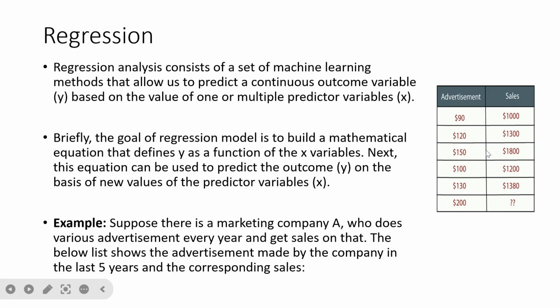Few values, see, it doesn't mean all values should satisfy that equation. There might be deviations here and there, that's fine. So suppose based on this data it generated the equation y = 10x + 100. Then if you feed an x value of 200, it will predict your sales as 2100. Simple.